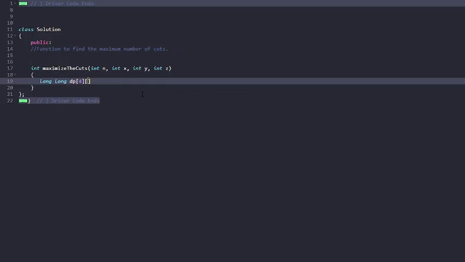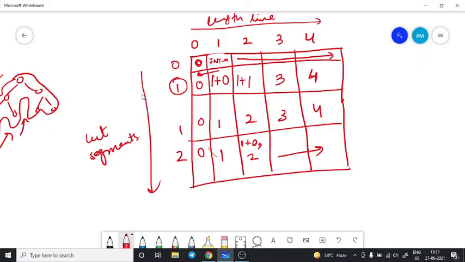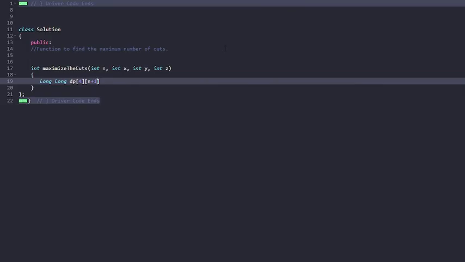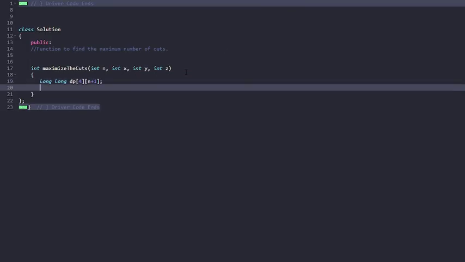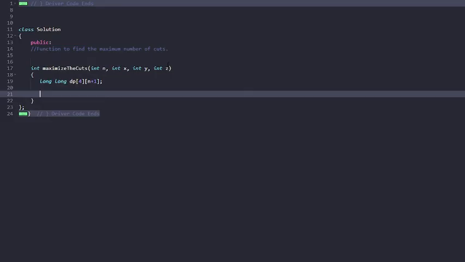Similarly, in the column, I will have n plus 1. Why n plus 1? Because again, we are considering 0-based indexing, and each index denotes the particular length of the line segment at that column. Suppose index 3 denotes the line segment of length 3, and similarly for 2 and 1. Now, as I said, I will initialize my entire DP table with integer minimum.